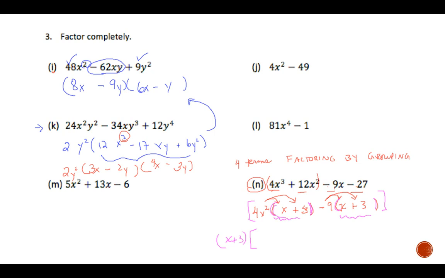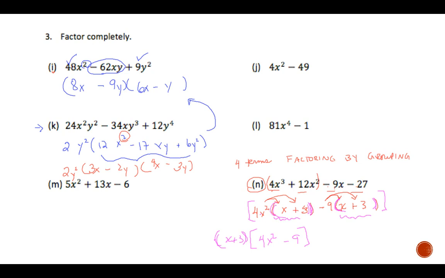If you pull this purple group out, all you have is 4x squared. And if you pull this purple group out front, all you have is negative 9 left. And again, distribute this back, this whole group to 4x squared, and you get 4x squared plus x minus 3. The whole group to negative 9, and you get negative 9 times x plus 3.